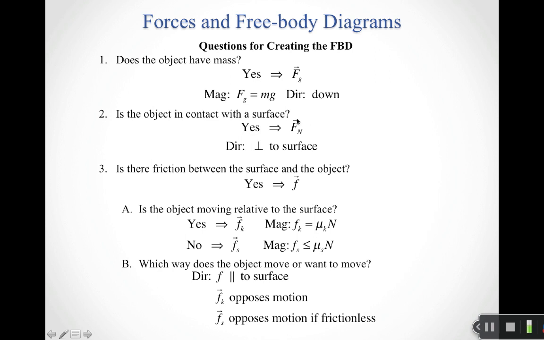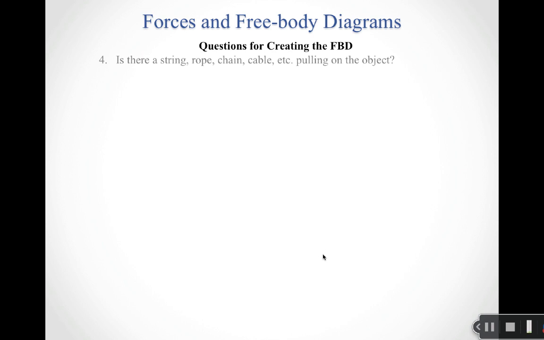But there is no simple expression for calculating the normal force. If my static friction isn't at its maximum value, I don't have an equation to calculate it. So sometimes we have a magnitude equation, sometimes we don't. And we just need to keep in mind that we don't have a magnitude equation for all forces.